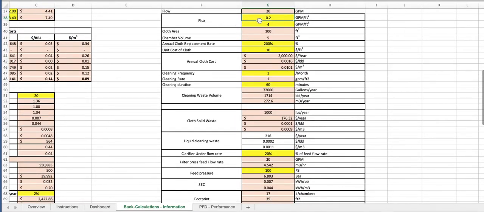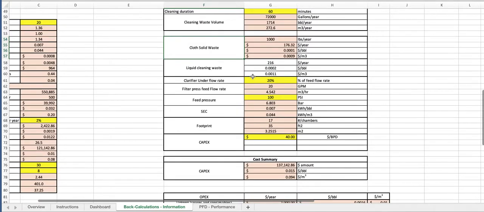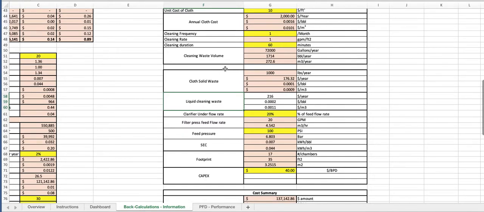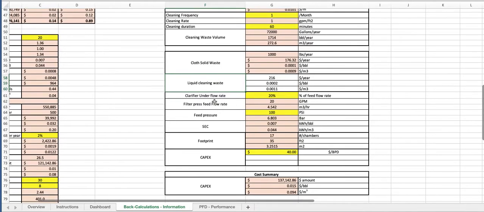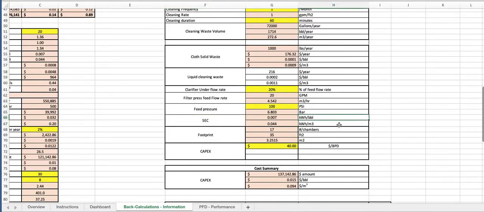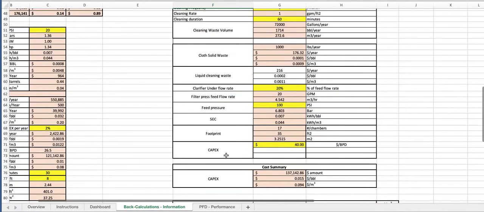You would have to do some inputs, which are pre-assumed here based on our experience, and as it goes down, it starts calculating all sorts of operating parameters such as waste generation, the liquid waste that you would need to clean this thing as frequently as you want, the underflow rate, which you make an assumption here again is defaulted at 20%, the feed pressure that goes into it, the specific energy consumption in terms of kilogram per hour per barrel or per cubic meter, the footprint, the capex, as well as the opex for that filter press.